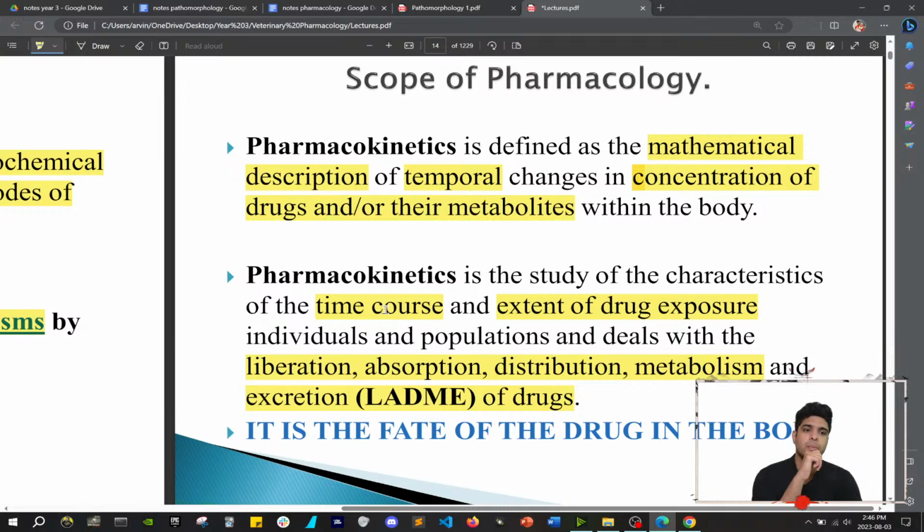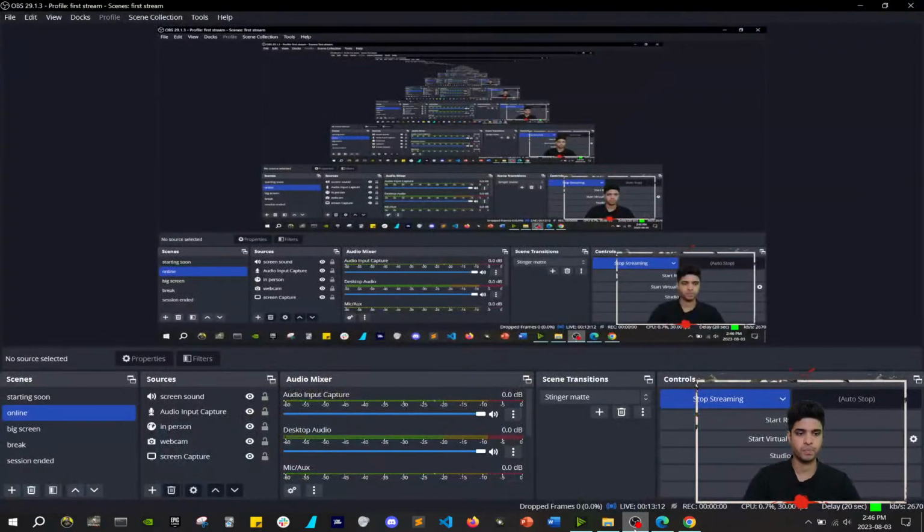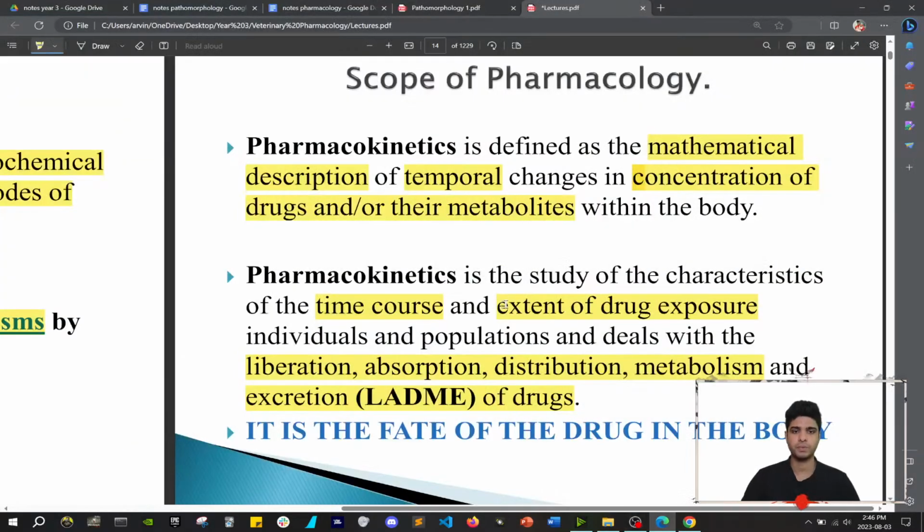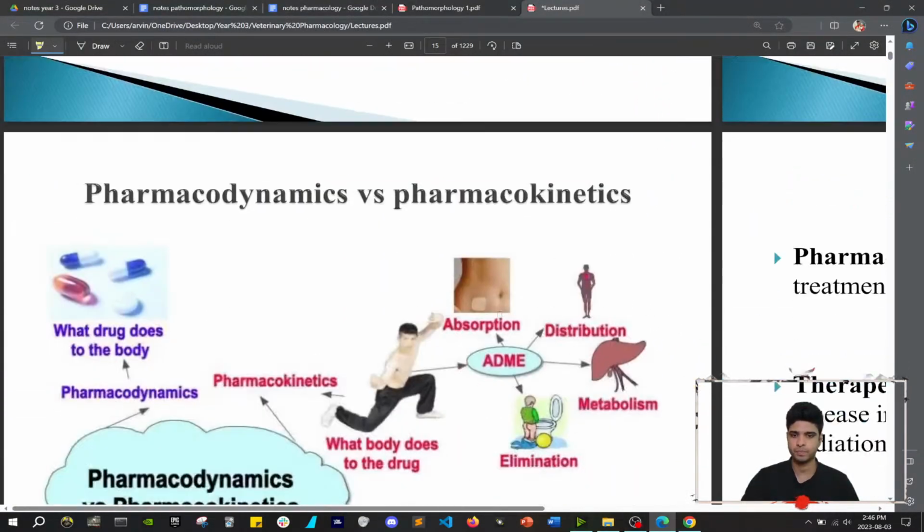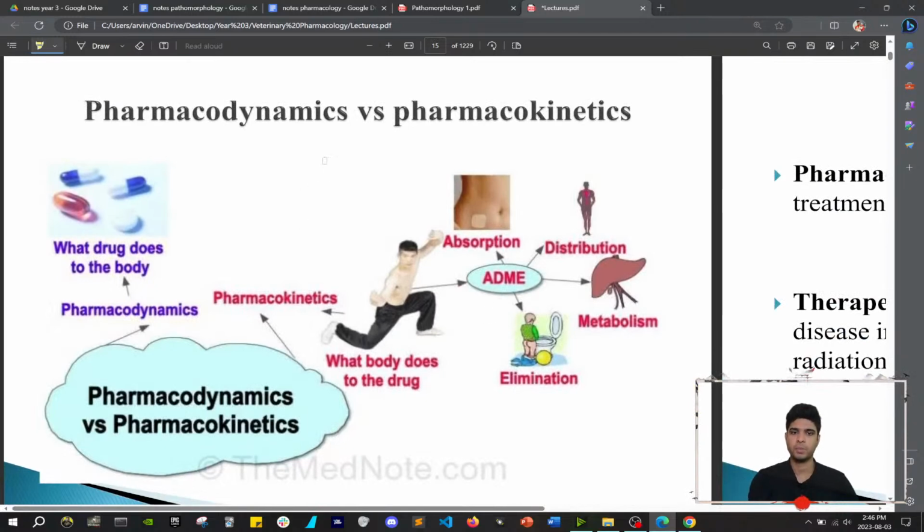Pharmacokinetics is defined as the mathematical description of the temporal changes in the concentration. Now, pharmacodynamics versus kinetics. Kinetics is absorption, distribution, metabolism, and elimination.